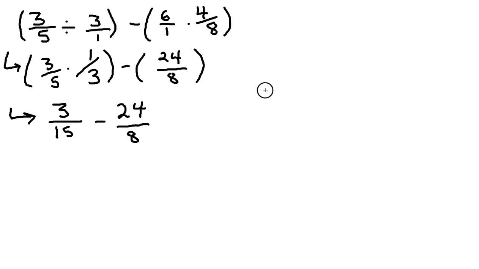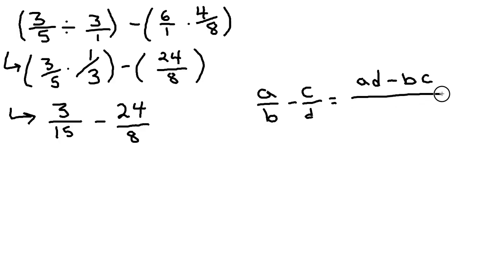The law states that A over B minus C over D is equivalent to A times D minus B times C, and then we divide all of that by B times D.